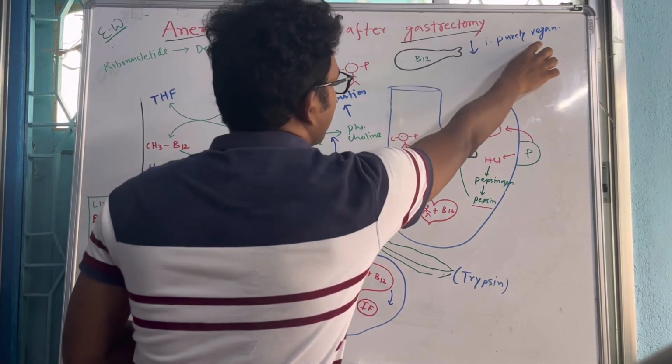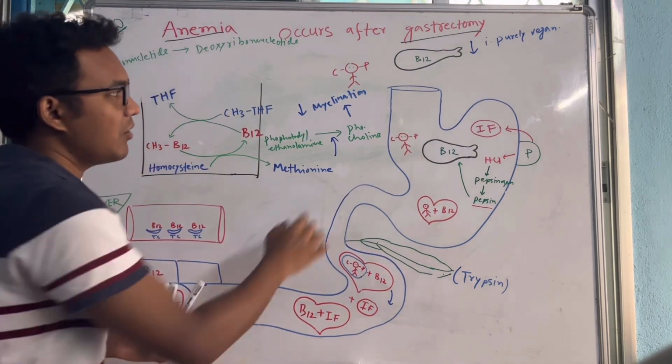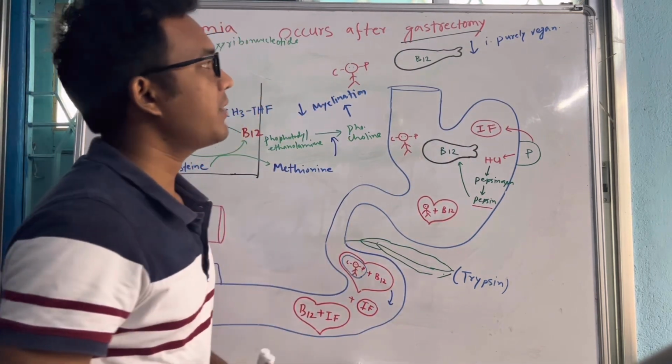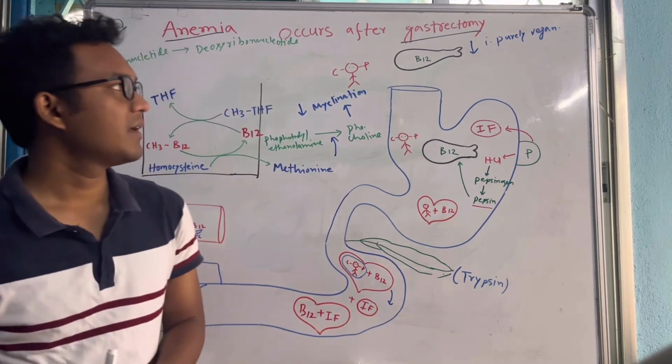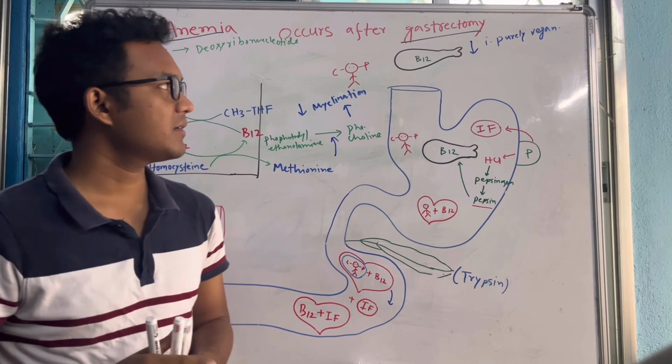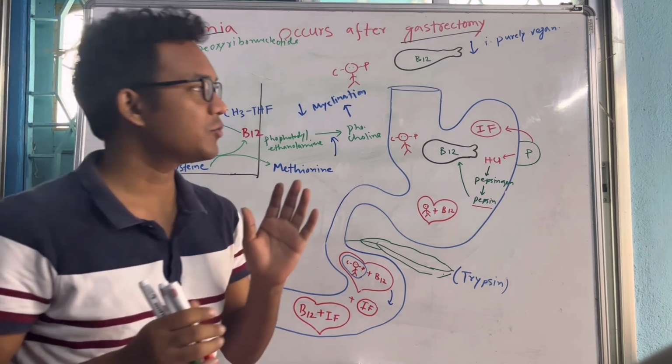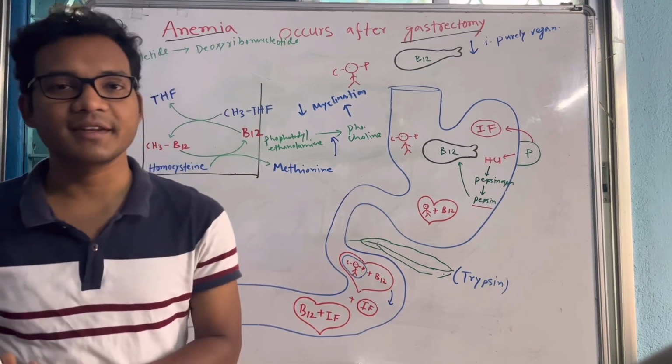Purely vegan people can have megaloblastic anemia or neurological problems. So we advise the patient that at least if you are vegan or vegetarian, try to take milk or milk-related products.